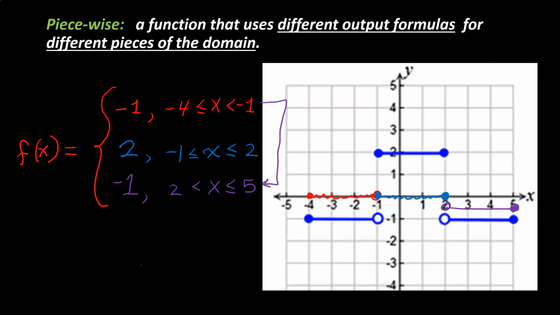But I think in this case it will be clearer to actually write three different pieces, because graphically you see three different pieces to it, and that is what we call a piecewise function when we use different output formulas for different pieces in the domain.